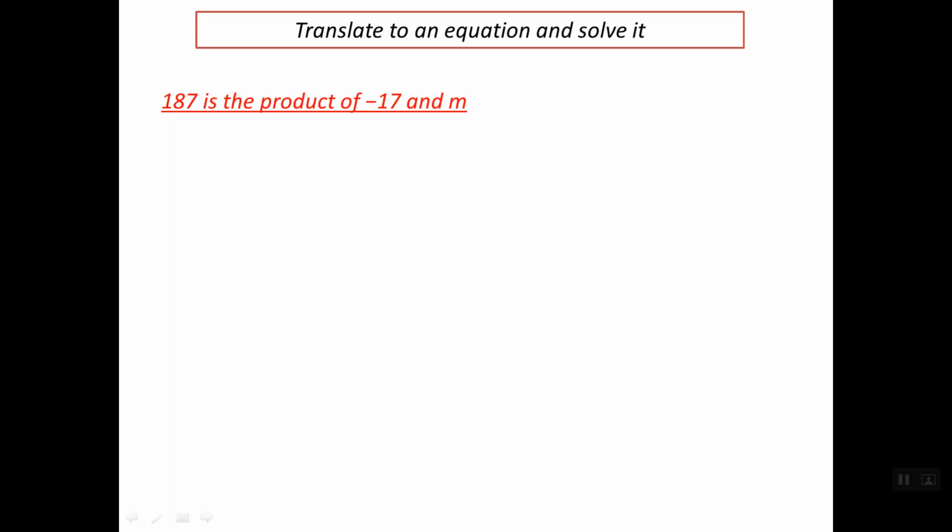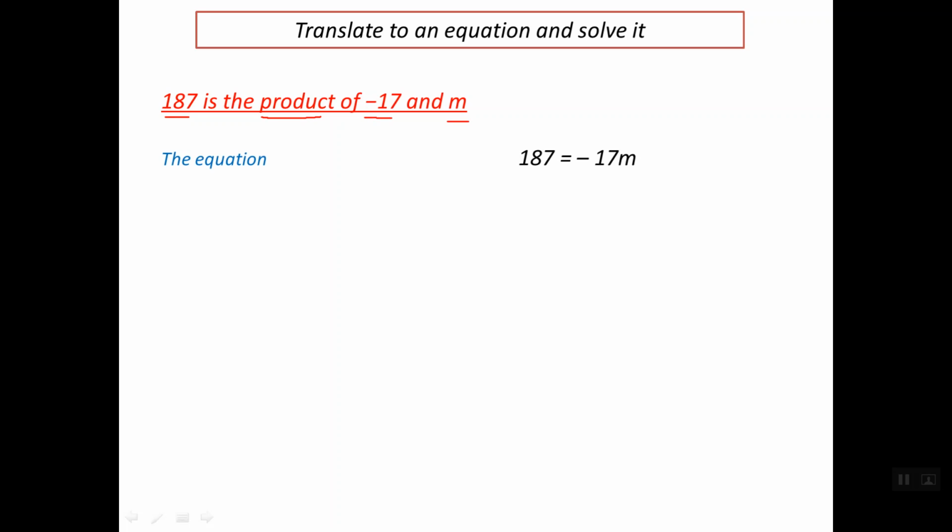Let's check this last example. 187 is the product of minus 17 and m. 187 means the result. The result of what? What's the operation? We have a product operation. What are the two terms that are multiplied by each other? We have minus 17 and the variable m.